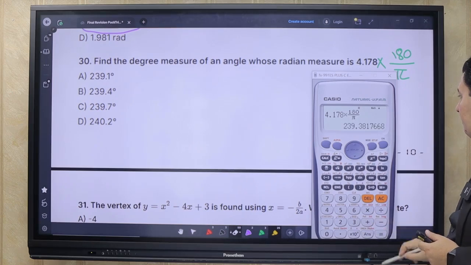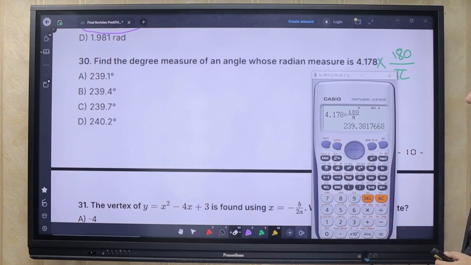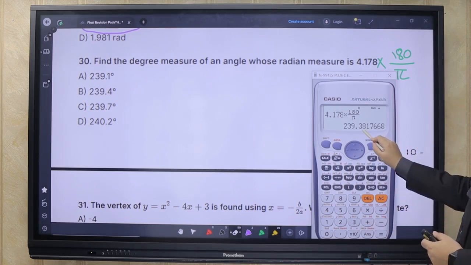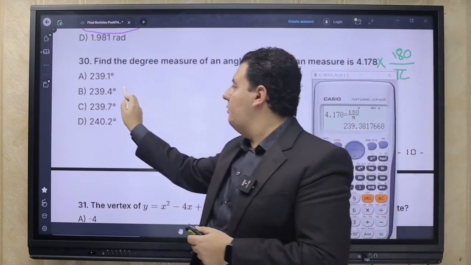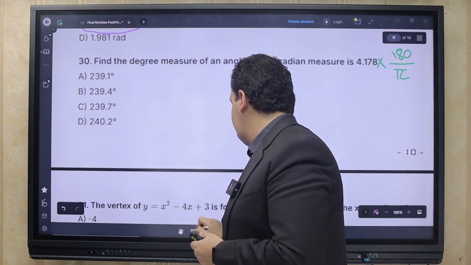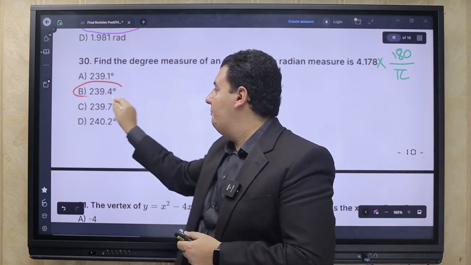It equals 239.38, so 239.4 because 8 is strong, so we'll choose letter B.